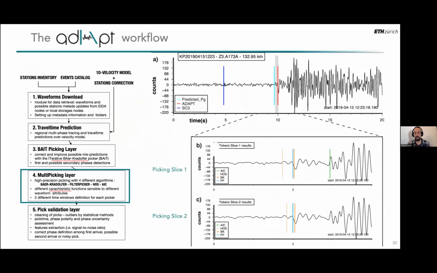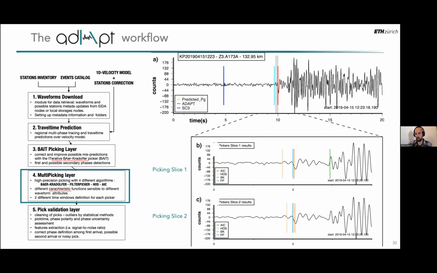With this in mind, this is the standard workflow of the ADAPT system. It starts from the retrieval of the waveform and the prediction of the time, but the real core of the system is this multi-picking approach, where we provide two different time windows to emulate what an experienced seismologist would do: zoom in, zoom out, move the time window.